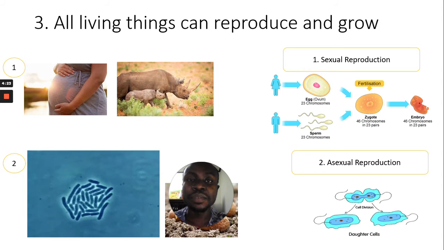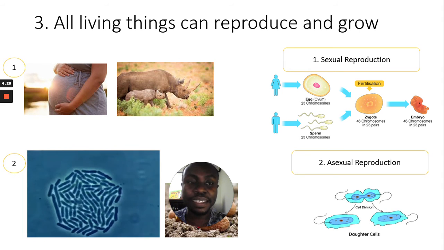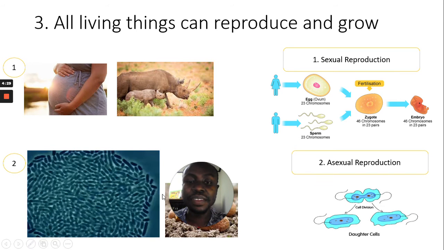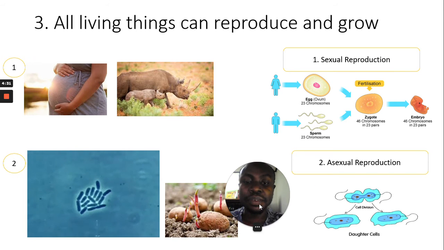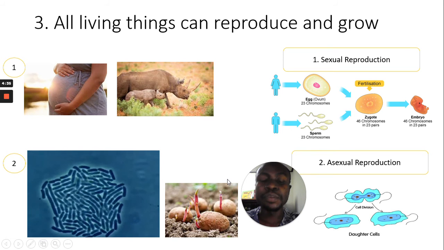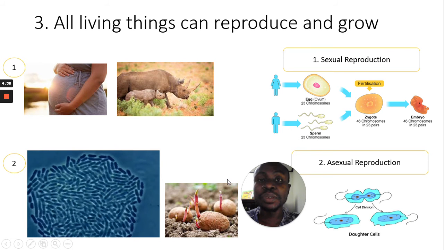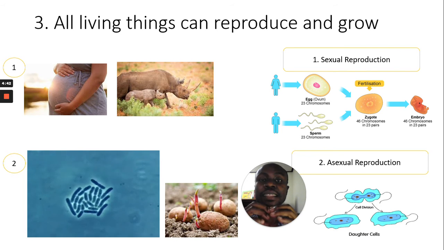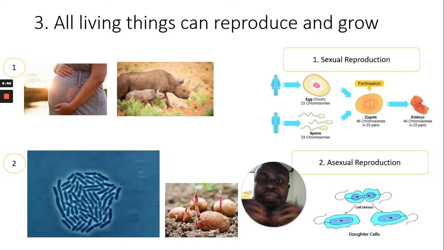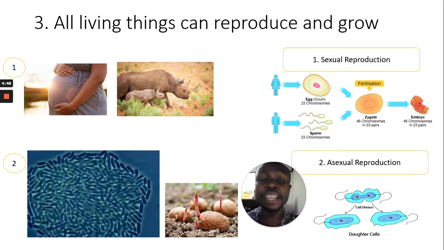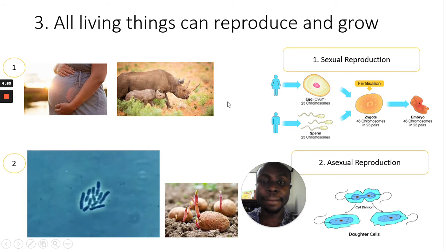These will meet to form a zygote and finally a baby is born. Some living things like the bacterium over here, dividing, reproduce through asexual reproduction. That means one cell will grow and divide into 2 and divide from 2 to 4, asexual reproduction.